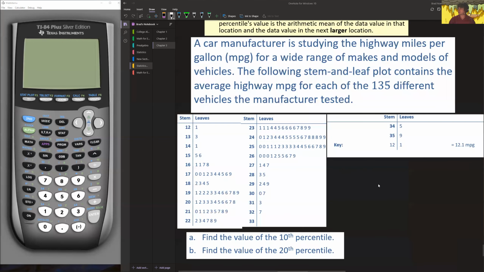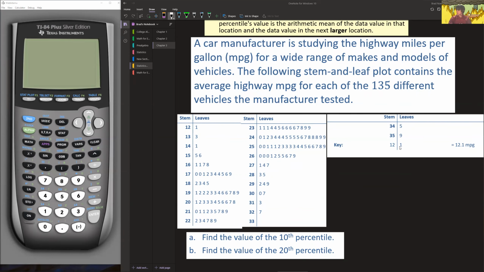So a car manufacturer is studying the highway miles per gallon for a wide range of makes and models of vehicles. The following stem and leaf plot contains the average highway miles per gallon for each of the 135 different vehicles the manufacturer tested. So we have the stems over here on the left side with our leaves over on the right.